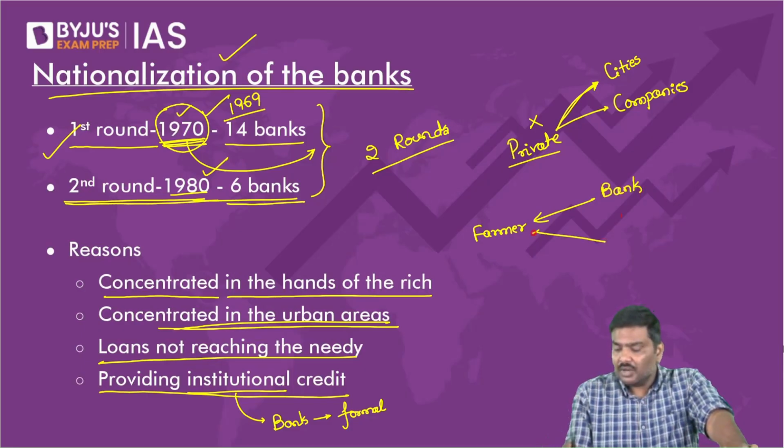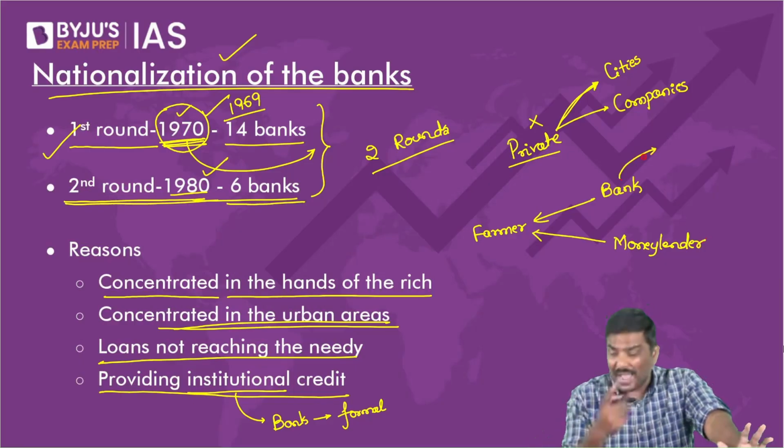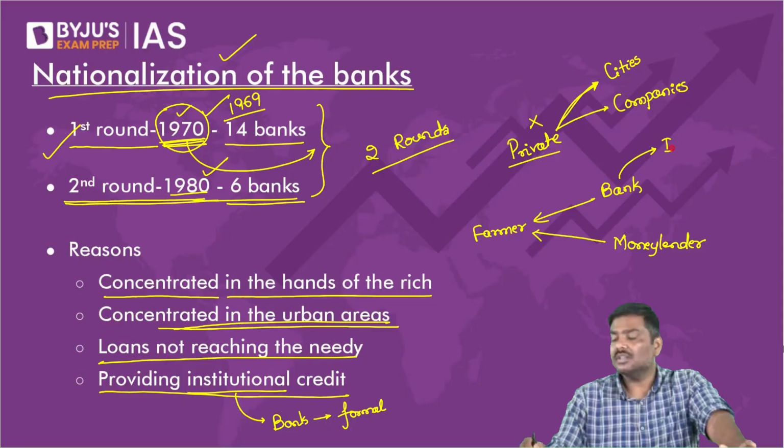The farmer can also take a loan from a money lender. Whenever farmers take a loan from the banking sector like this, I'll call this institutional credit. Correct or not?